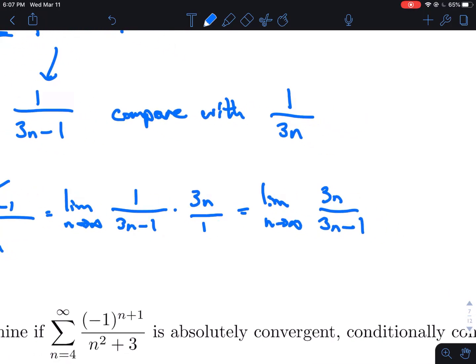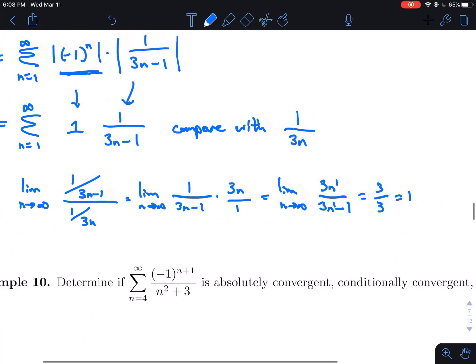I see that I have a polynomial on top of degree 1, a polynomial on bottom of degree 1. So back from our algebra days, talking about horizontal asymptotes and the limits as n goes to infinity, we know that because these polynomials have equal degree, the limit is just going to be the ratio of the leading coefficients. So in this case, 3 over 3, which is 1.